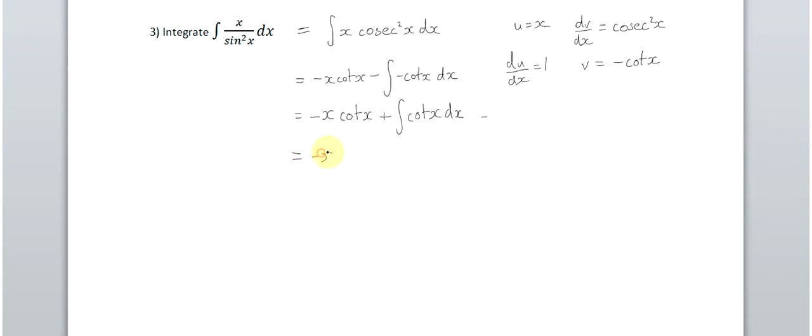If you don't, start learning them now. Definitely a good time. And it's going to be cot x goes to ln of sine x, and then you've got your plus c on the end.